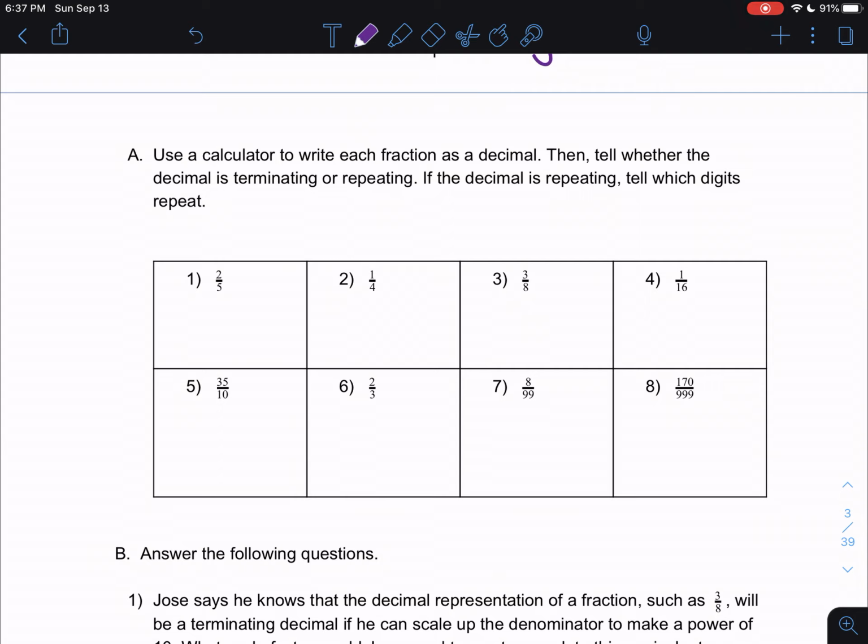All right, so hopefully you have done that, and I'm just going to do a quick little answer check, and I'm going to be lazy and just write T or R for time's sake. So I'm just writing them down. I'm not even saying them, but there is also an answer key on your home page that you should be able to access to see every single one of the answers.